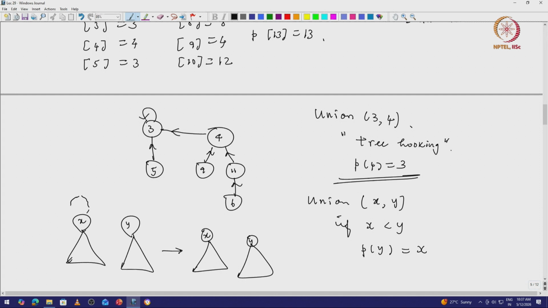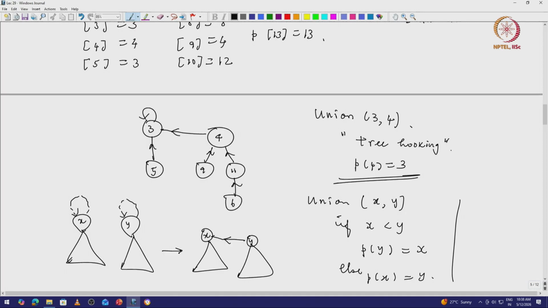Earlier there was a self loop at x and y, now parent of y is x. If x is less than y, parent of y equal to x, else parent of x equal to y, that is it. This is the code for union.